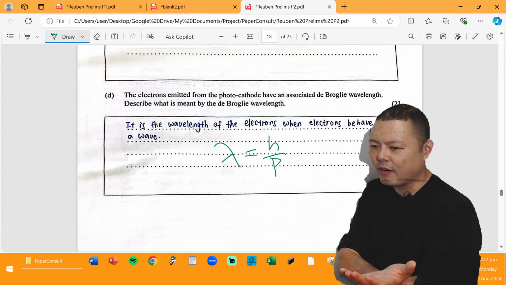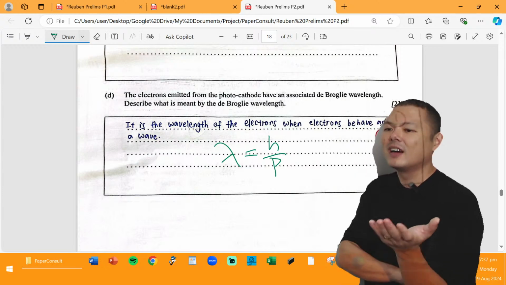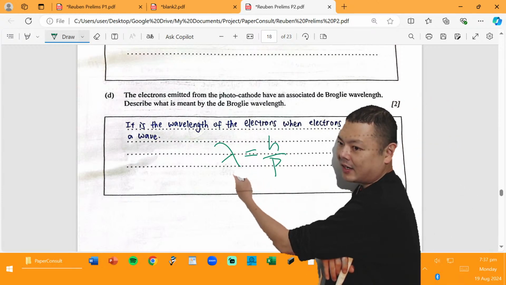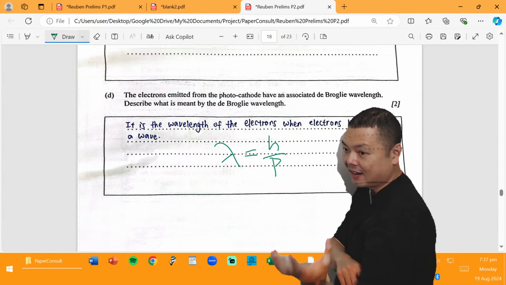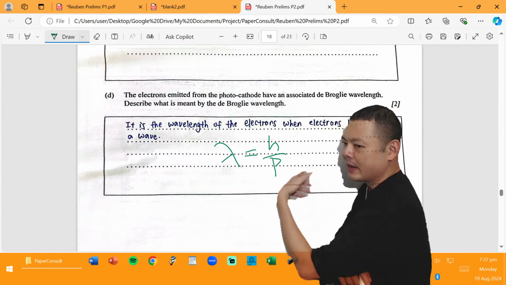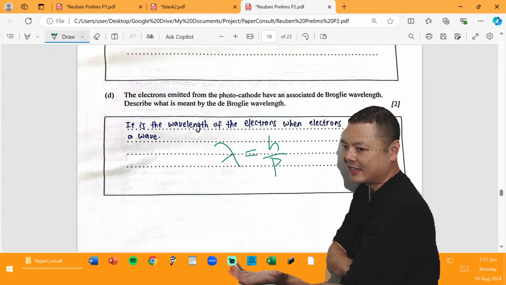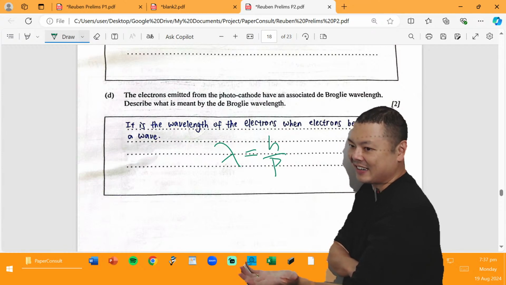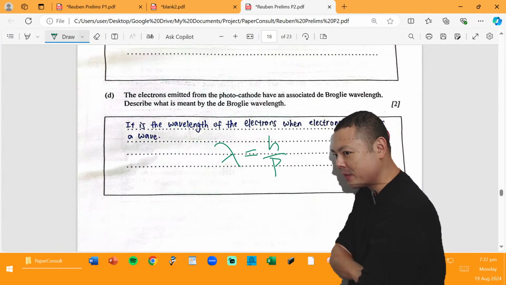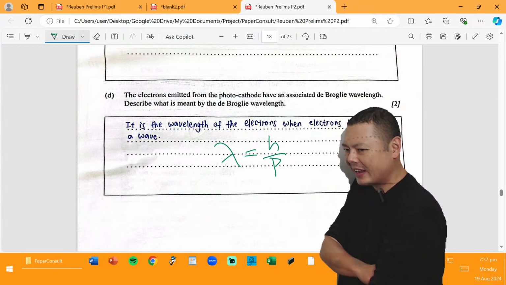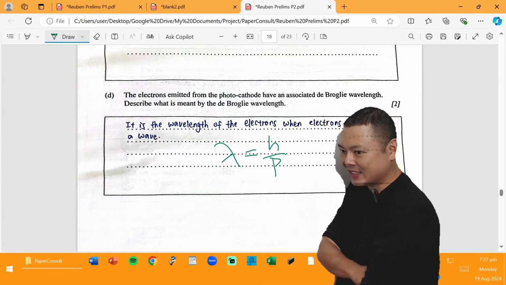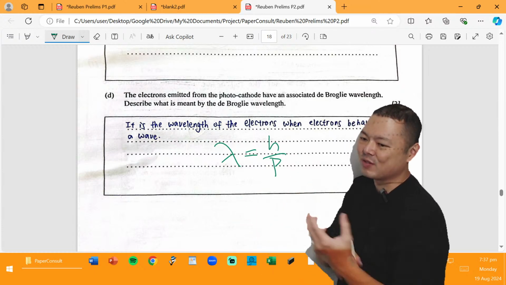What's the wavelength of violet light? You're supposed to remember that. 400 nanometers, right? Then if I apply the violet light here, can I calculate the momentum of violet photons? Can, right, but does it make sense to calculate the momentum of a violet photon? Why not? Because photons are not supposed to have mass, right? So technically what you're calculating is relative momentum.